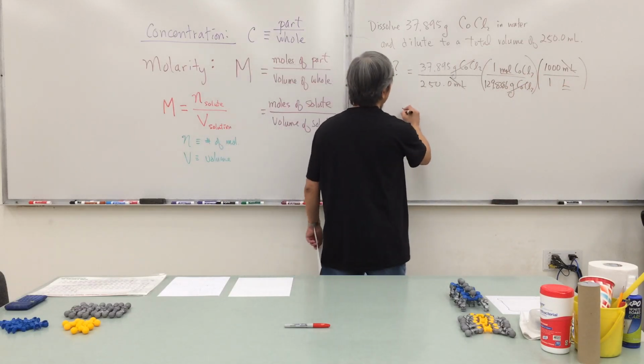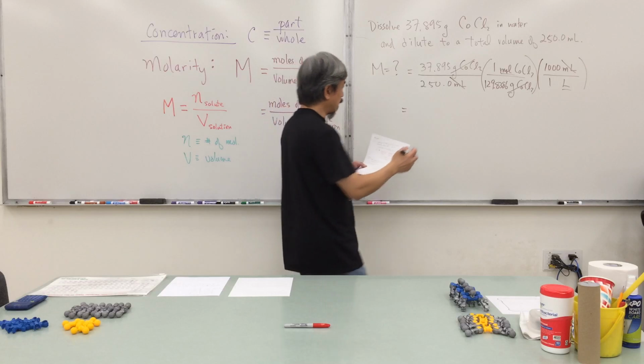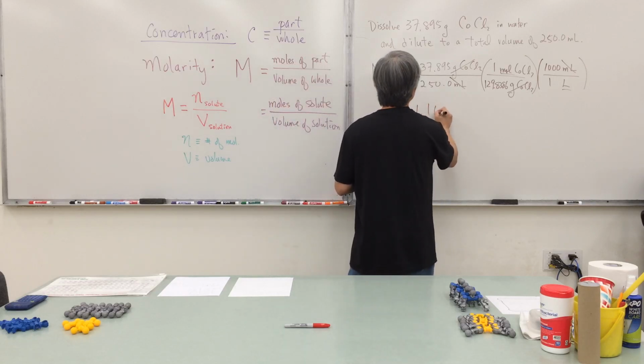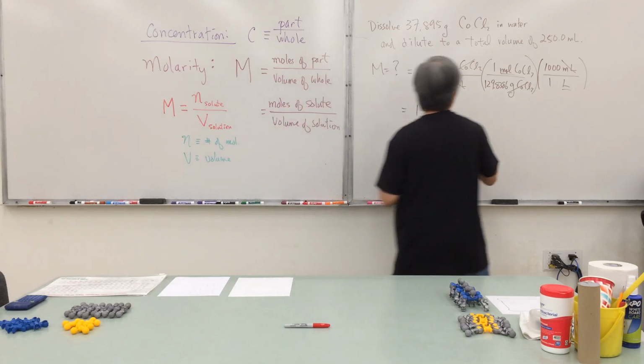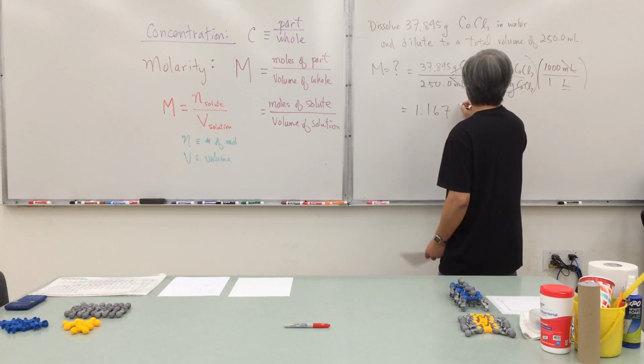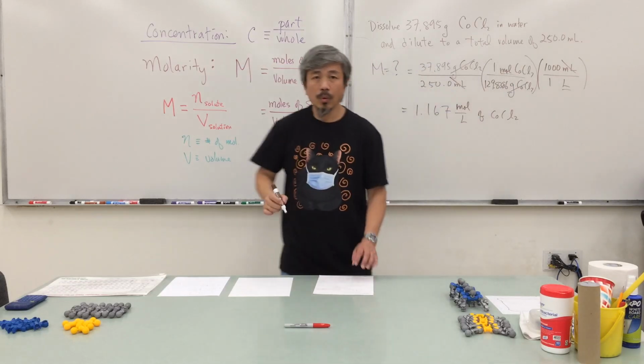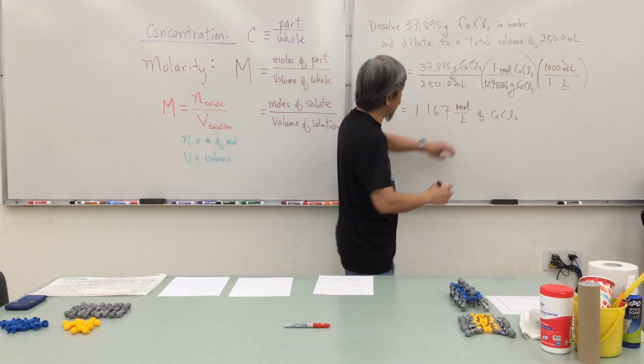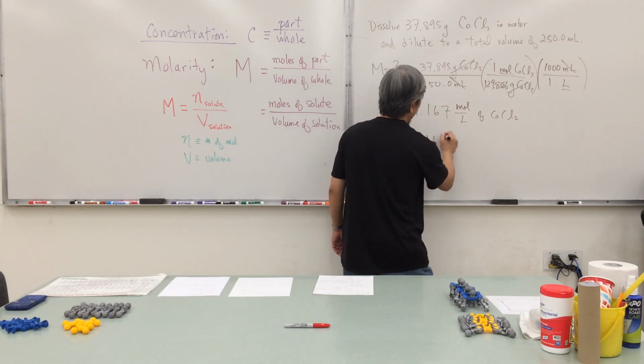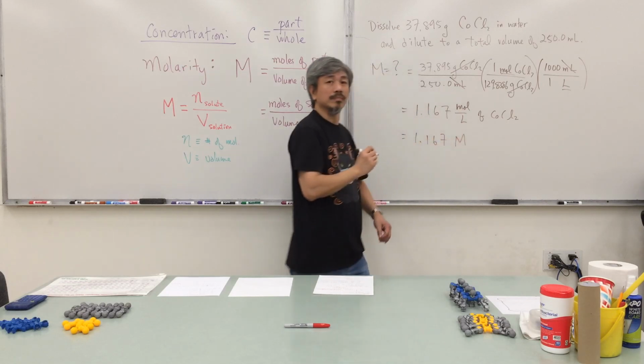So now I'm ready to do the calculation. So when I work out the numerical value, then I find that I end up with a number like 1.167, okay? And in this case, this is going to be now moles per liter of CoCl2. And as I said before, once we have this combination of units of moles per liter, I can now replace that with the symbol for molarity, okay?